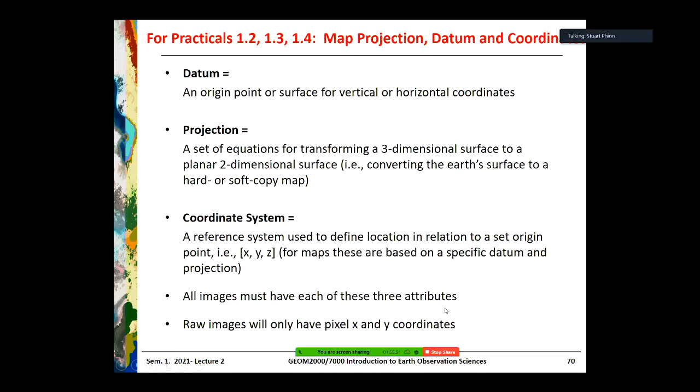Key information. The projections are the equations that transform that three-dimensional surface to a two-dimensional surface. And different projections, as I said before, distort or retain certain characteristics.